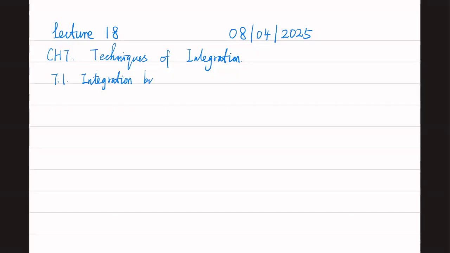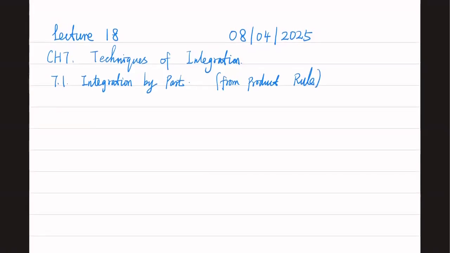It comes from the product rule. When we take the derivative, the integration by parts, if our integral can be organized in the following form.